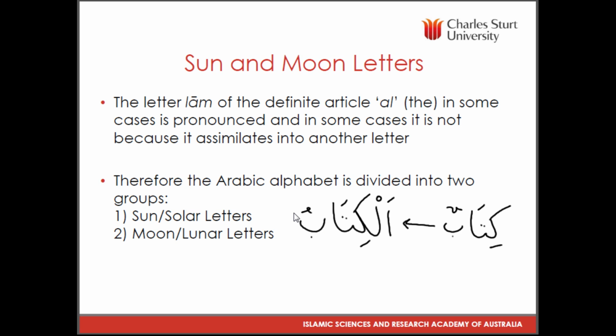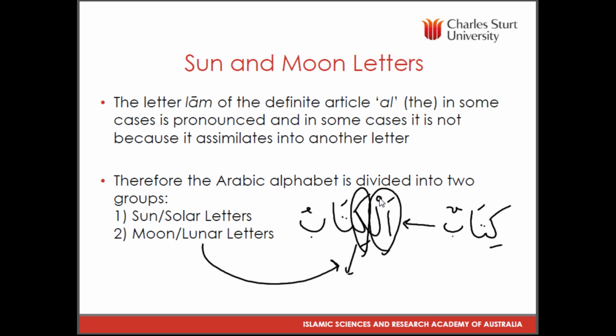So in this solar and lunar letters part, the important point is how I should articulate this L on different occasions. It is also important to know these rules. For example, in al-kitabu, because the kaf in kitab is lunar, I pronounce everything.